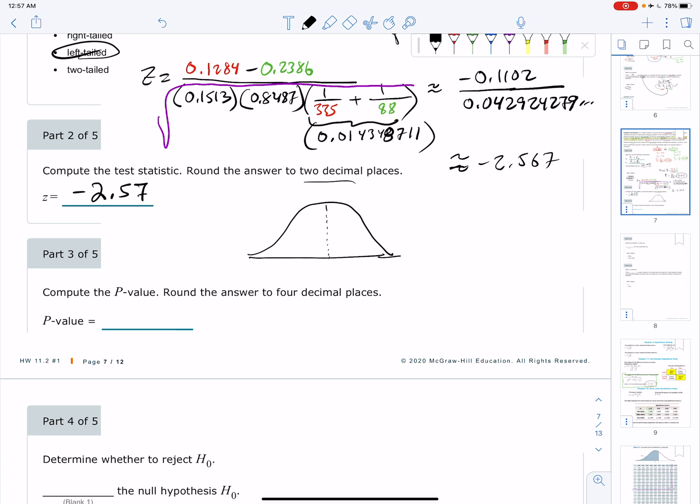If we were on the critical value side, we'd have to compare that and see where that test statistic lands. But on the p-value side, we want to convert this into the p-value. This is negative 2.57, and I want to see what area that represents, and that area is my p-value.